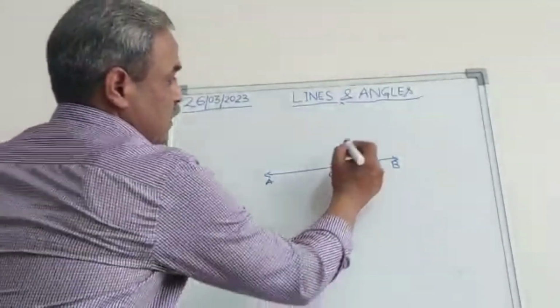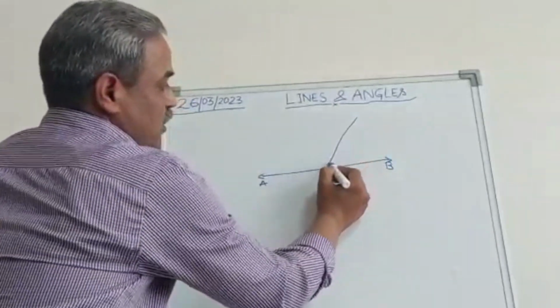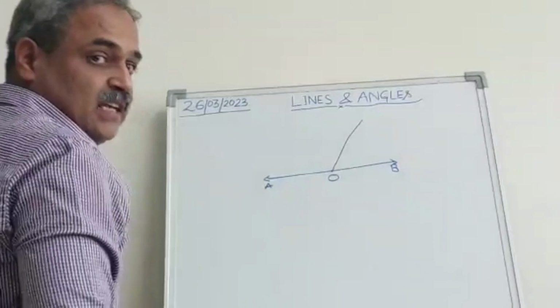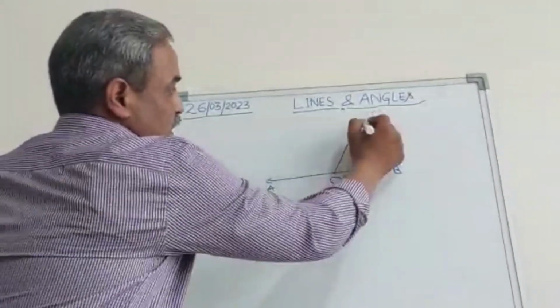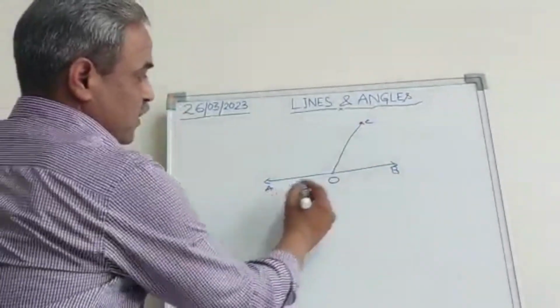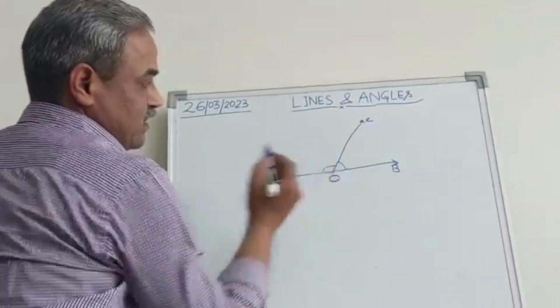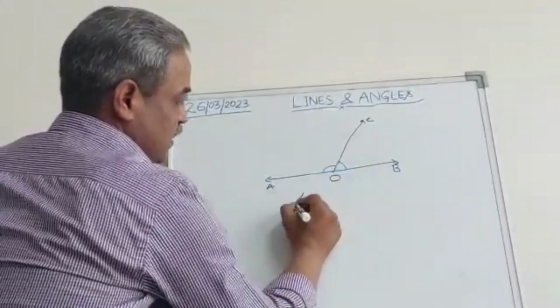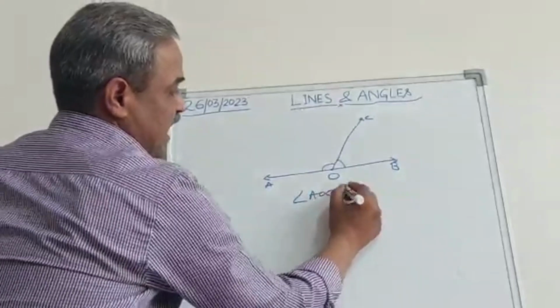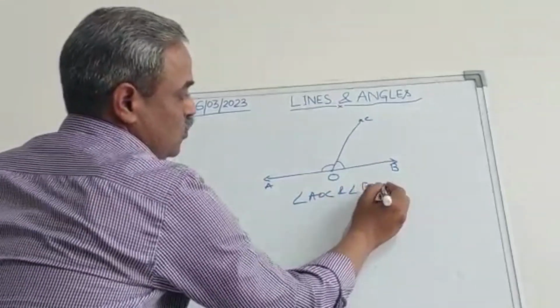Similarly, when a line is drawn on a straight line or a straight angle, it forms two angles, angle AOC and angle BOC.